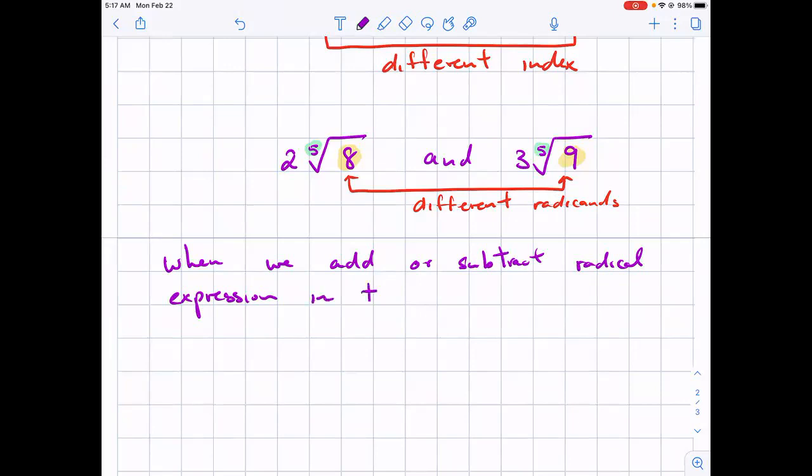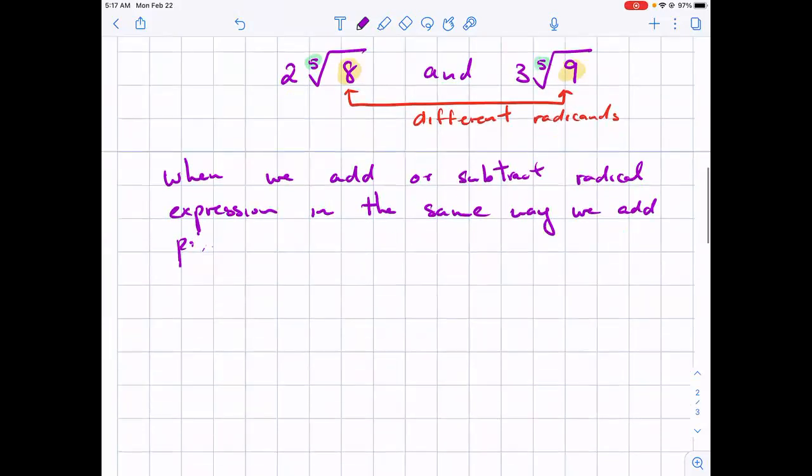In the same way we add polynomials, meaning that we just combine like terms.